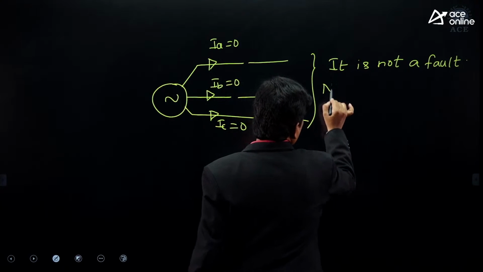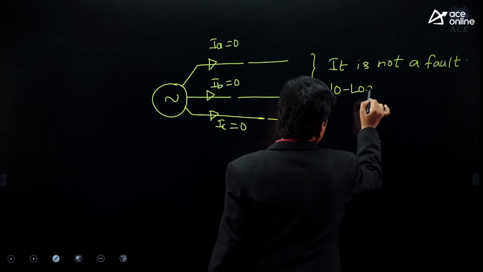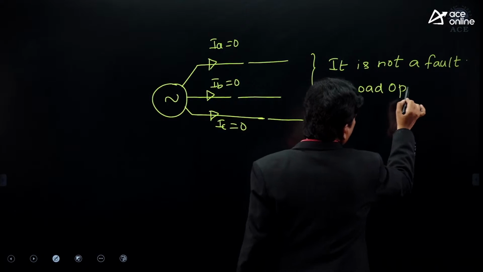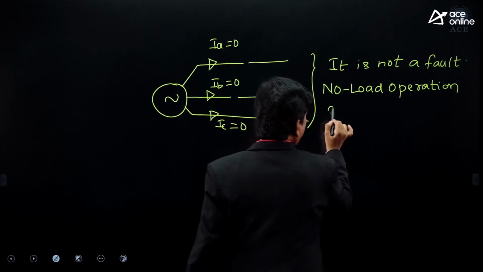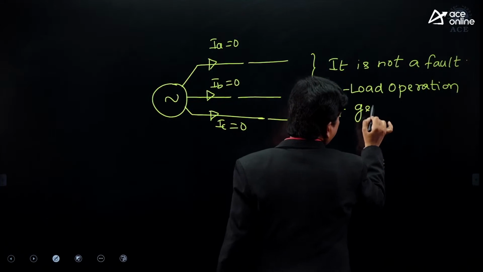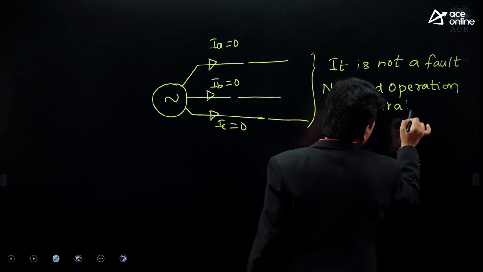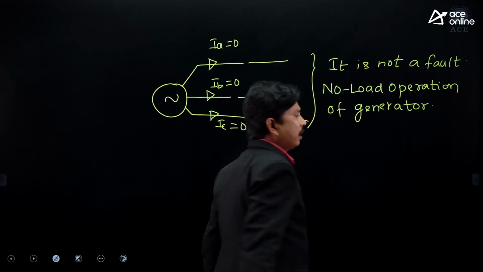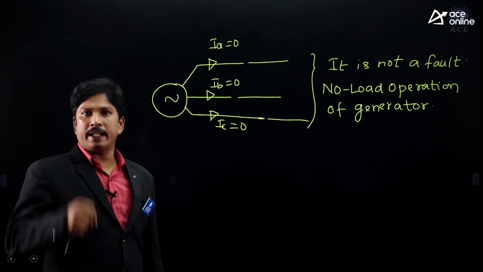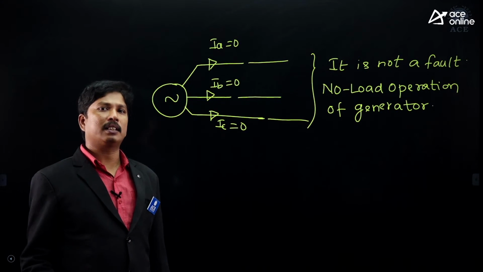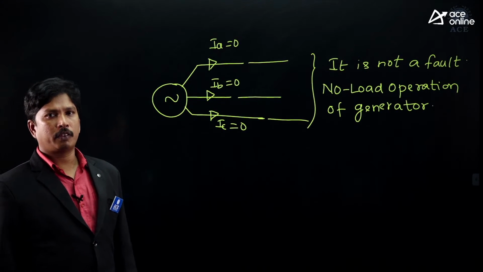It is the no load operation of the generator, right? So we are having only two types of open circuit faults. One is the one conductor open circuit fault and the other one is the two conductor open circuit fault.